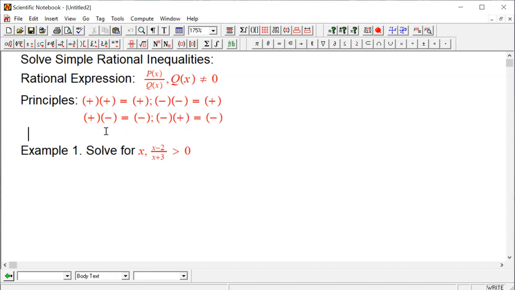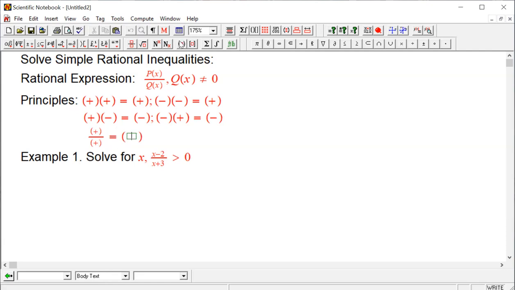And the same principle also applies to division. If we have positive divided by positive, the quotient is going to be positive. When we have negative divided by negative, we also get positive.